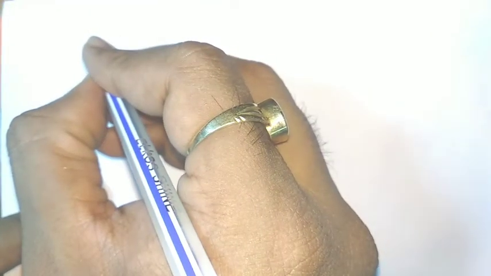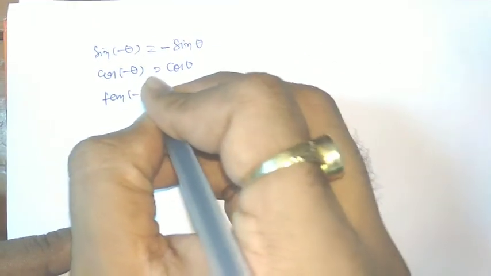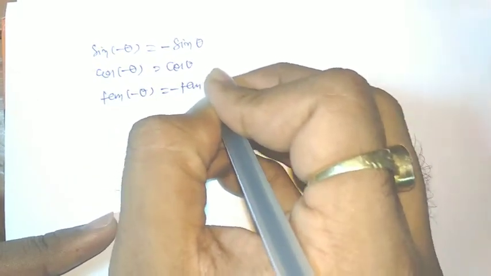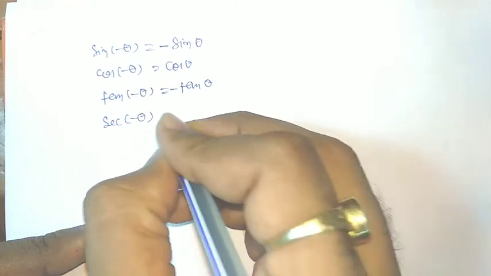Now we can also write, if we are going clockwise, then sine of minus theta, since minus theta is 0 minus theta, so sine of minus theta will be minus sine theta, and cos of minus theta equals cos theta. Then tan of minus theta will be minus tan theta, and sec of minus theta will be plus sec theta, because we are taking fourth quadrant.